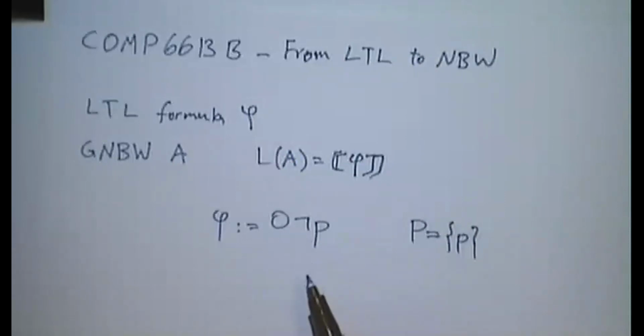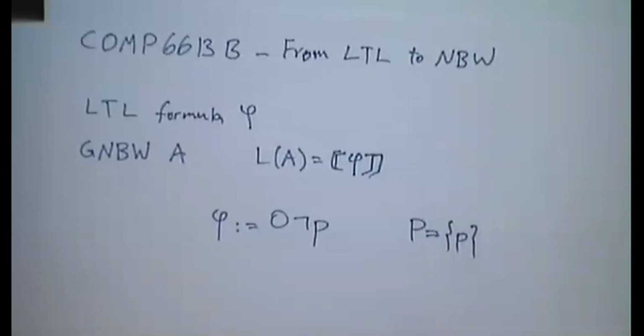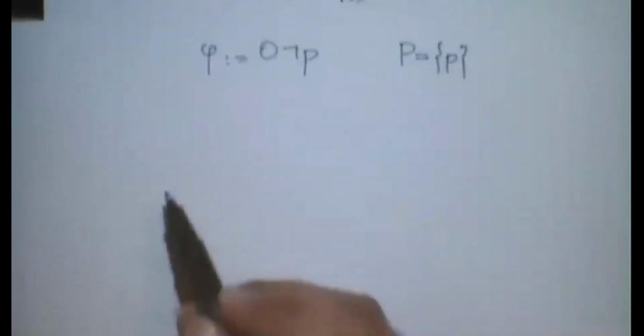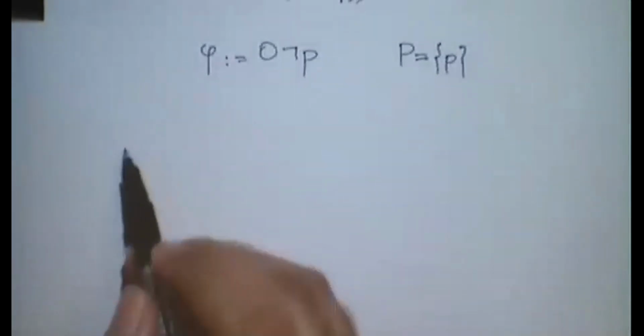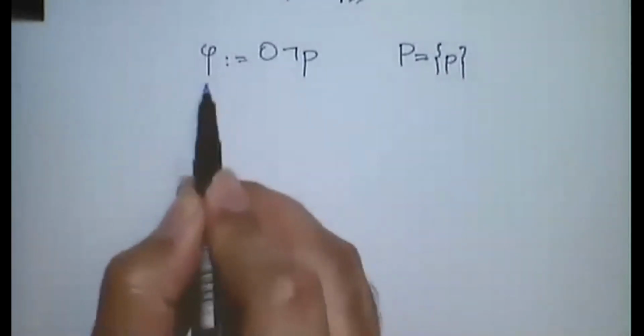So it's easy to come up with such an automaton on your own, but what we're going to do now is to do it very systematically, just like we talked about in the previous session. So the first thing that we do is compute all of the sub-formulas of this formula phi, and also its closure.